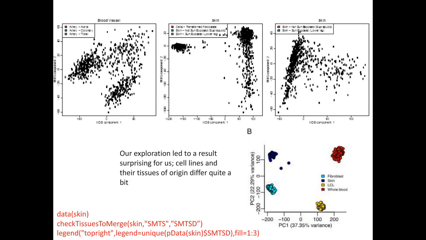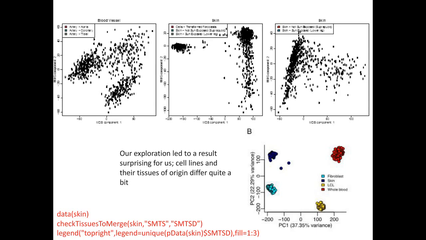But when you look at just the skin samples, sun-exposed and sun-unexposed, you don't see any separation between the two groups. So perhaps one way to do this would be to analyze all of the cells separately, and then to analyze the sun-exposed, sun-unexposed together. You can combine those two groups as one.